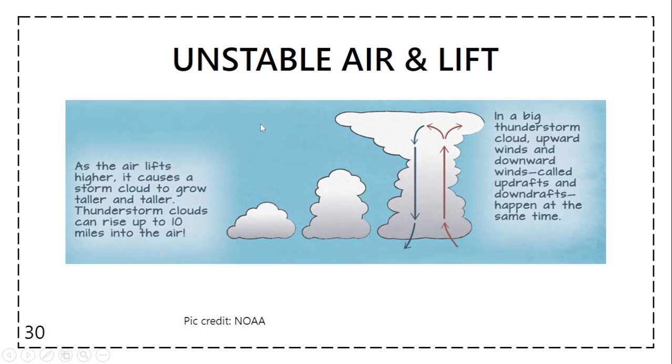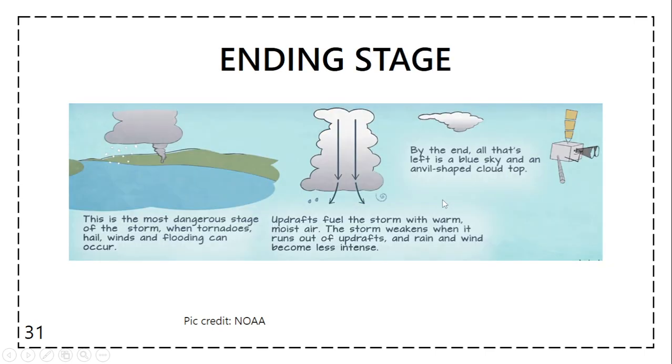As the air rises higher, it causes a storm cloud to grow taller and taller. A thunderstorm cloud can now reach up to 10 miles, or 60,000 feet, into the air. In a big thunderstorm cloud, upward winds and downward winds, called updraft and downdraft, as we talked about, happen at the same time. And this is the most dangerous part of the storm, where tornadoes win.